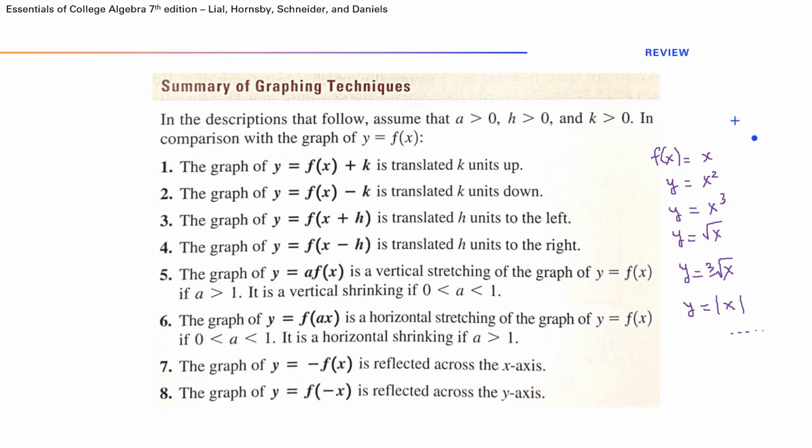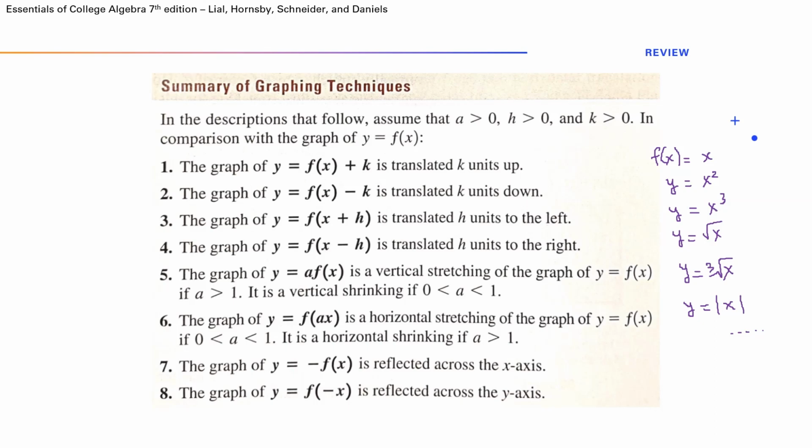It's better for us to know how the parent function looks, and then we just use this graphing technique to figure out how to graph the family of those functions.